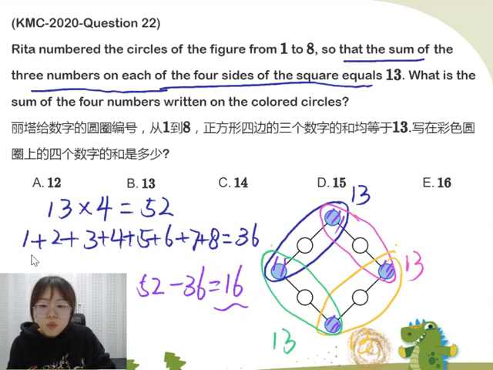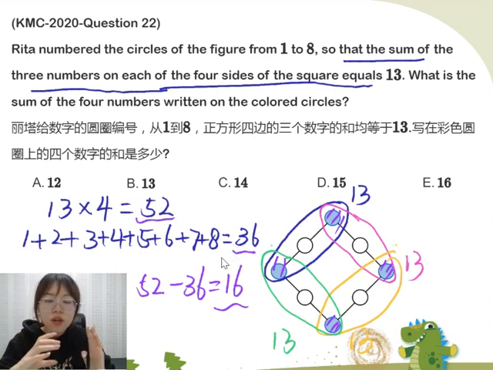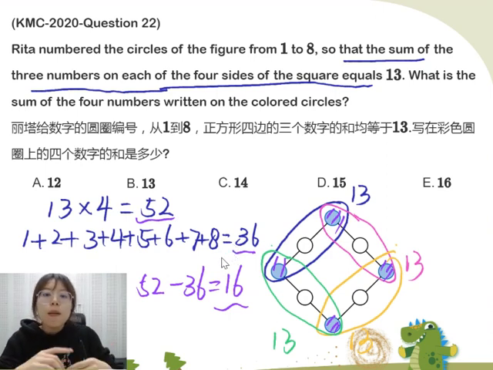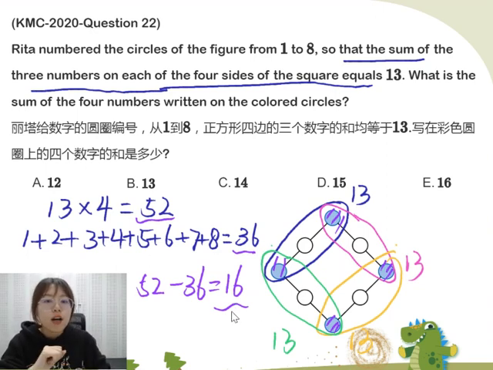The 36 means we calculate every circle one time, and this 52 means we calculate all the circles one time plus the corners one more time. Could you understand? So if we subtract, we get the corners one more time, which is 16. So the answer is E.